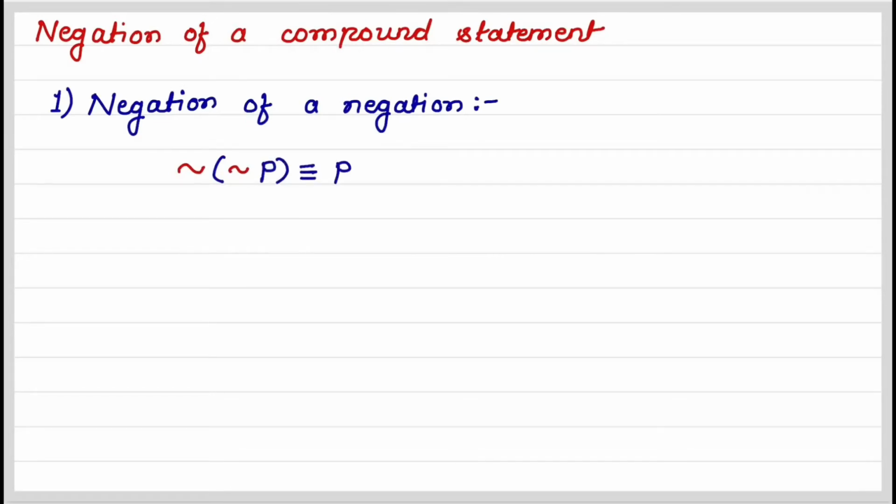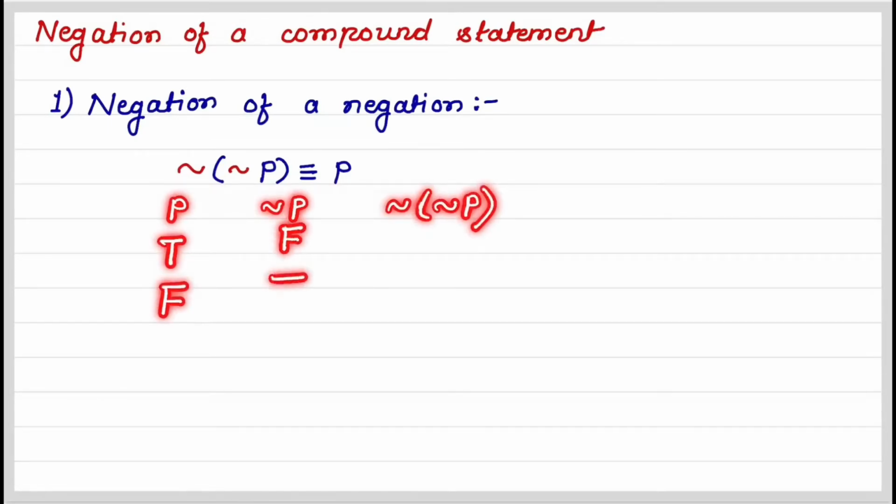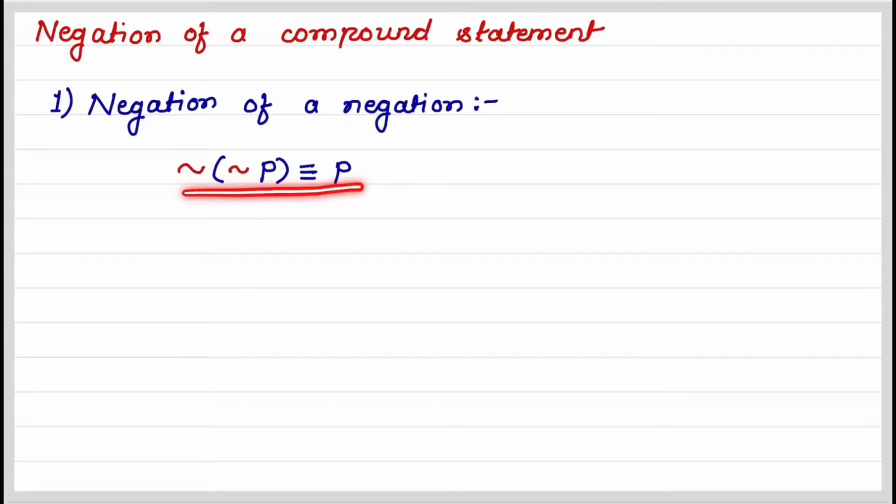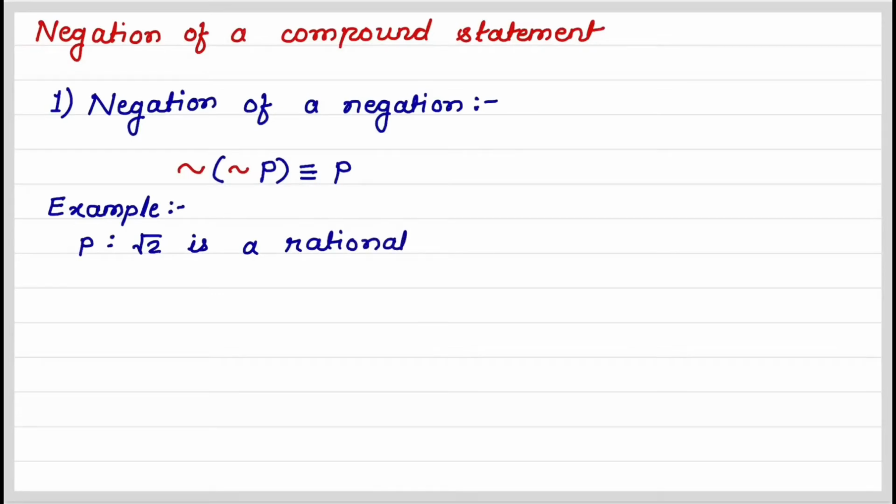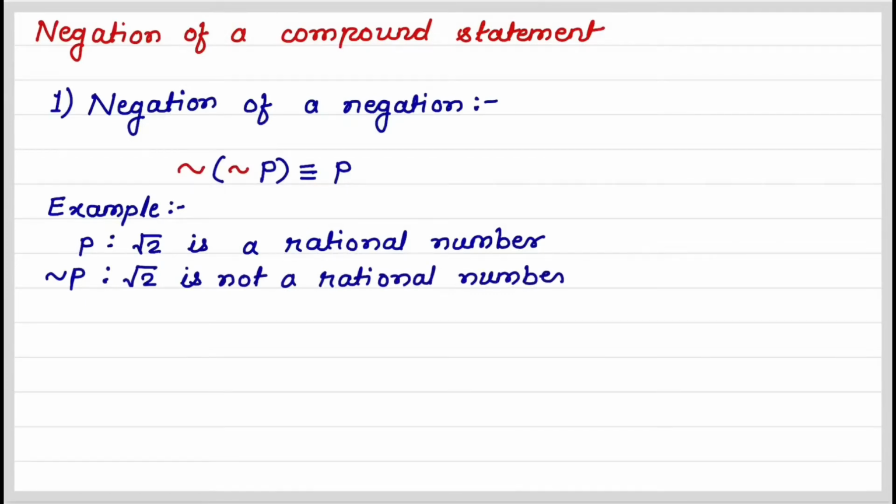Next point is negation of negation P is equivalent to P. This we can verify with the truth table. See this truth table. From this truth table, we get negation of negation P is equivalent to P. We will see one example of this. Here statement P is root 2 is a rational number and its negation is root 2 is not a rational number.